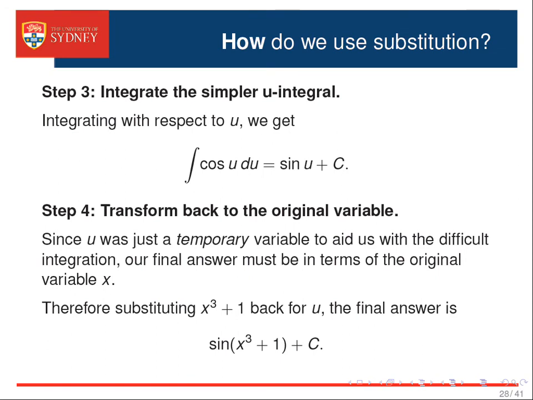Now, since u was just a temporary variable used to help us evaluate our original integral, which was in terms of x, the final answer must therefore be in terms of x. Therefore, substituting x cubed plus 1 back for u, the final answer is the sine of x cubed plus 1, plus our constant of integration.